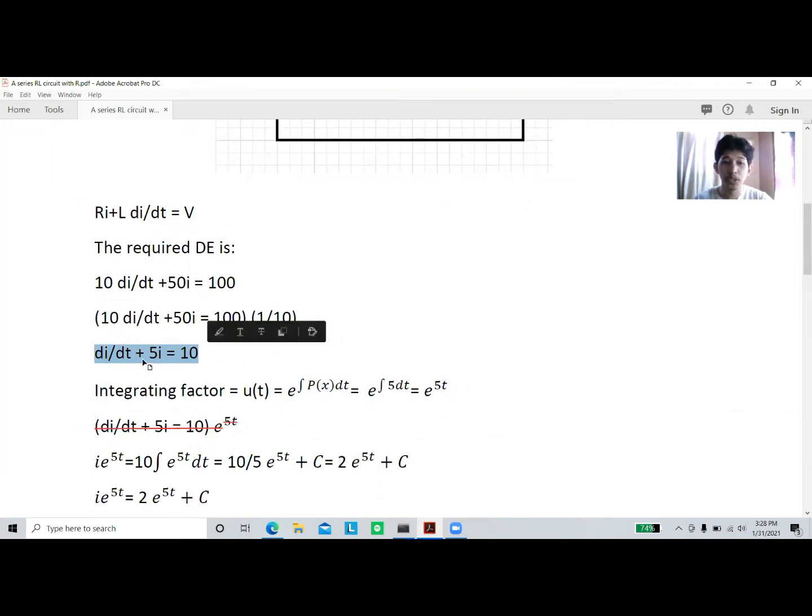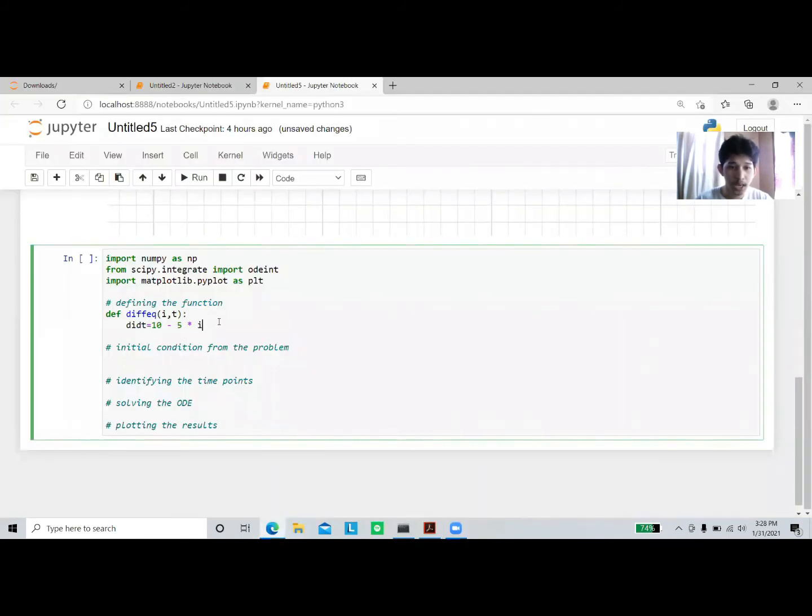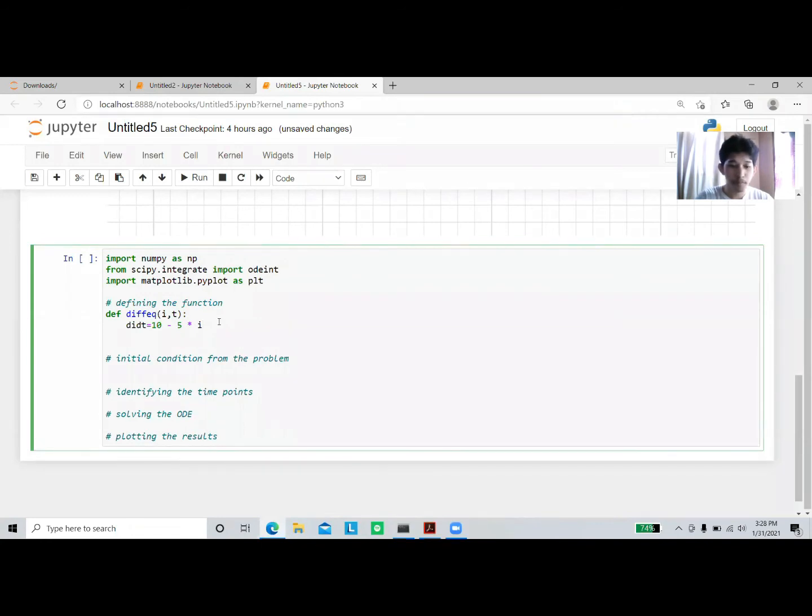You just need to transpose the 5i to the other side, so it becomes di over dt equal to 10 minus 5 times I. So that is what we did here. The next thing we need to do is to return the di dt function.